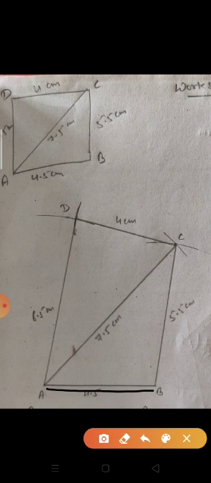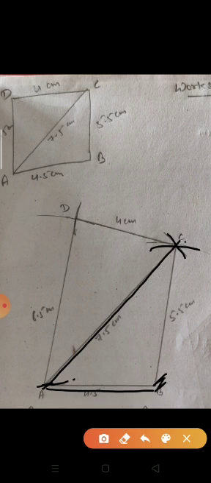Now we take a measure of 5.5 in the compass with the help of a scale and draw an arc from B. Again we take 7.5 in the compass and draw an arc from A. Now we join the line A to C. Again, we take a measure of 6.5 in the compass and from A we draw an arc.